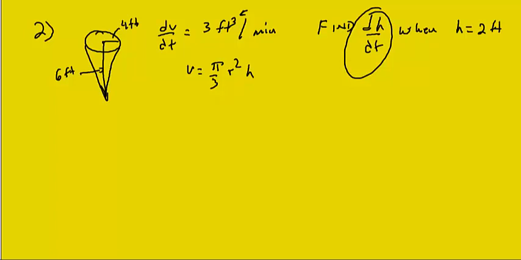How many cones are in a cylinder? Very good. Because pi r squared h would just be a cylinder. And pi r squared is just a circle, and height is the number of cylinders you have.